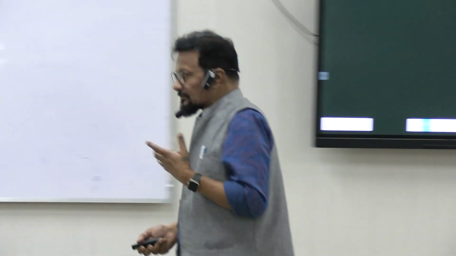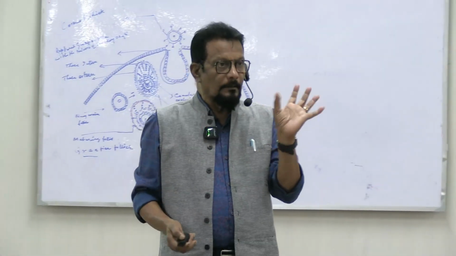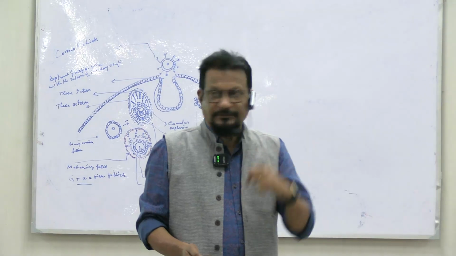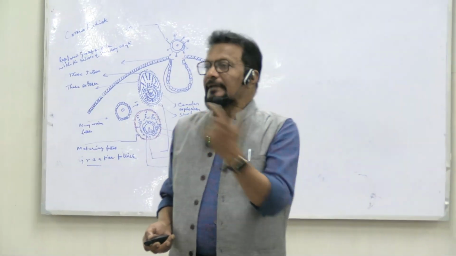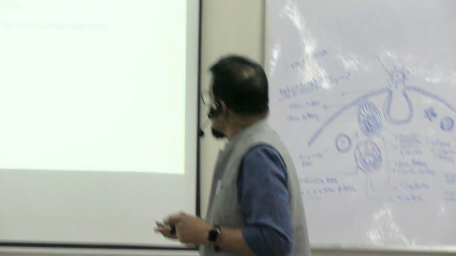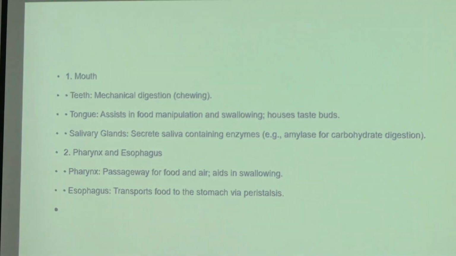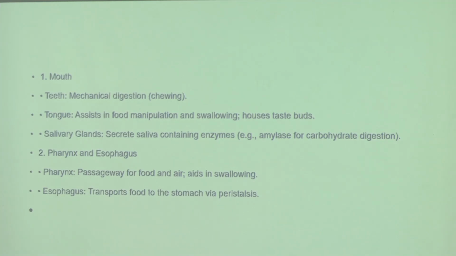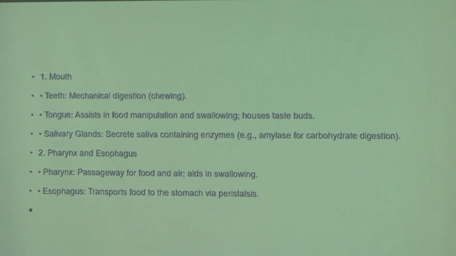Let's see in short the functions of each part of the tract and the accessory organs. The mouth has teeth. What do we do with the teeth? We masticate the food; we break big food particles into smaller particles with the teeth.